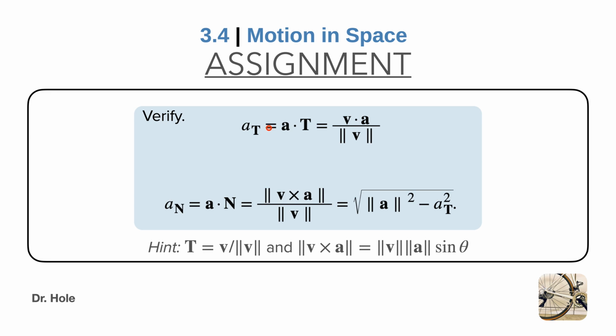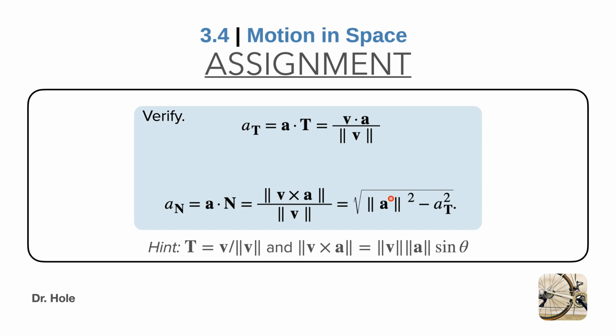Then you want to reason why this should be true. And then the second one, well, we have the norm of a cross product. So what is this norm of the cross product? Remember that this is giving the area of the parallelogram determined by the 2 vectors, v vec and a vec. And then remember that sine in a right triangle is opposite over hypotenuse. So that should help you out with this piece here.